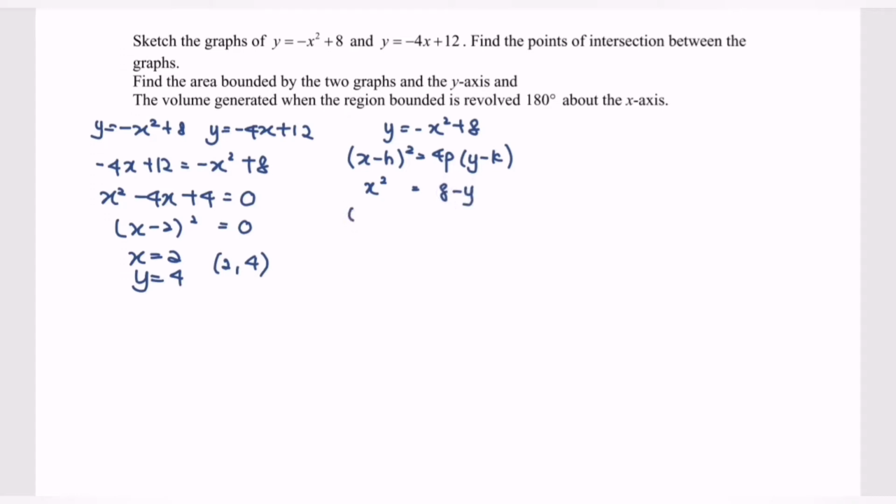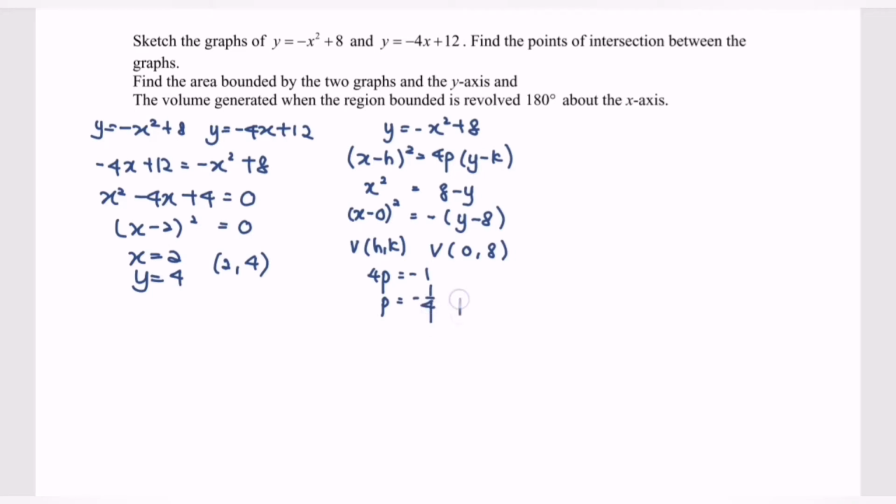So we will have (x minus 0) squared equals negative (y minus 8). So from here, we notice that we have vertex (h, k). So the vertex will be (0, 8). The value for p is negative 1 over 4.